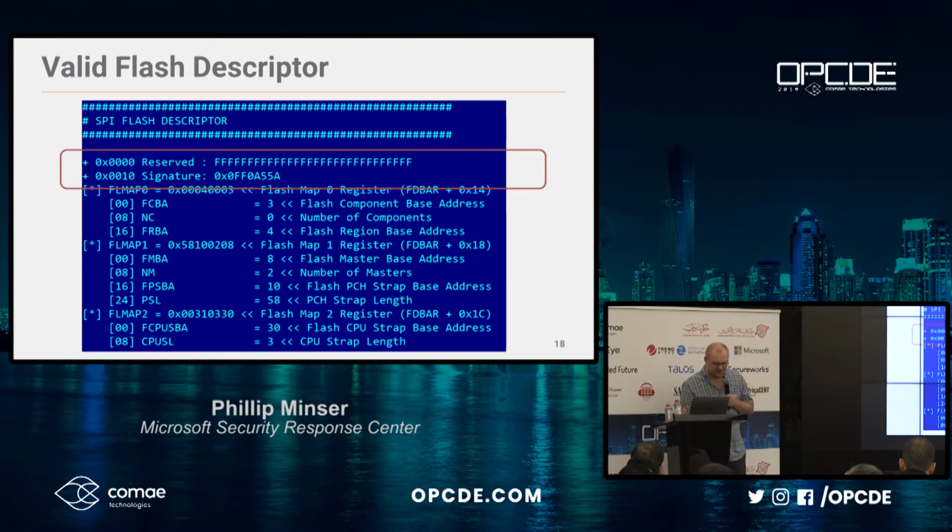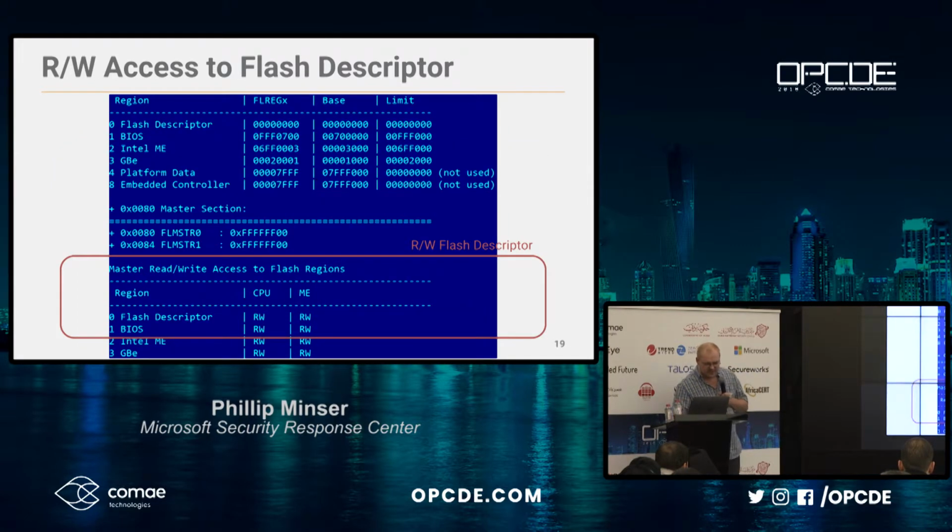So practically speaking, we're looking for images which are the exact size of the SPI flash memory, which in a chipset decoded format have the reserved bit and the signature that indicate this is a valid SPI descriptor, and in the permission access table, it has read-write here.